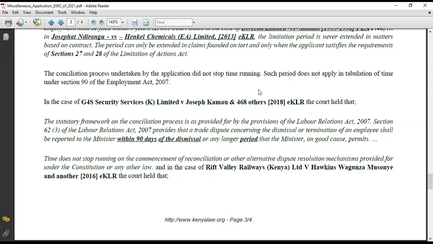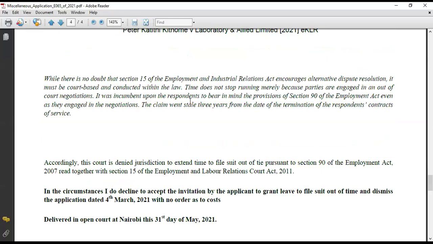So the judge held that the time for conciliation did not stop the running of time.